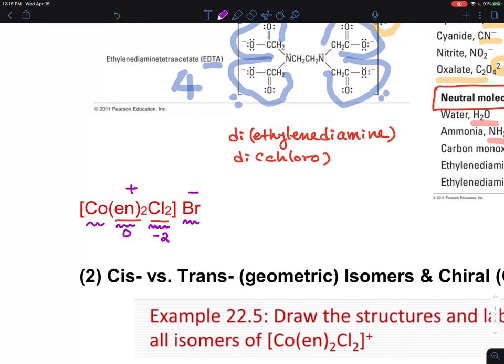And therefore, what's the charge for the cobalt? That must be +3 to make up the total charge of the complex, which is +1. So you're going to say cobalt with the +3 charge. That's one of the components, so you got this ingredient, and then this is a bromide.